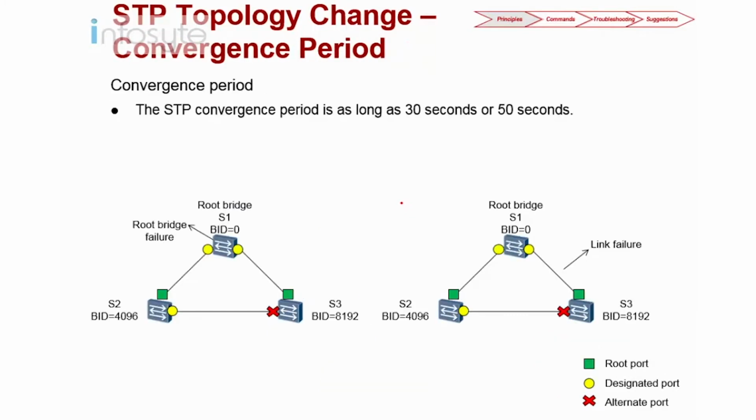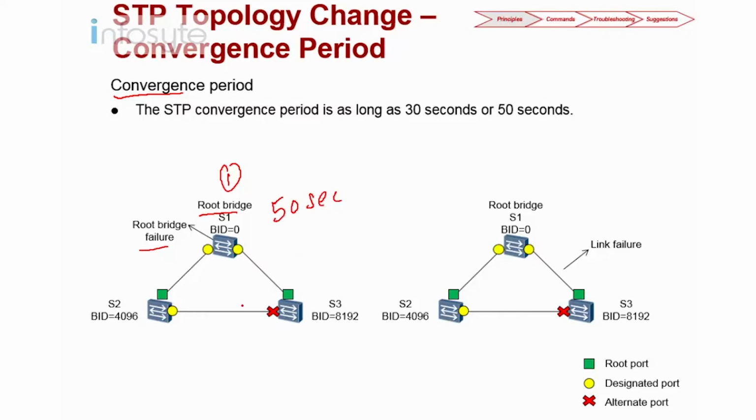All right. Now let's examine the convergence time of 802.1D. Here we have two scenarios. The first scenario is where the root bridge itself failed. When there is a root bridge failure, the convergence time would take about 50 seconds.